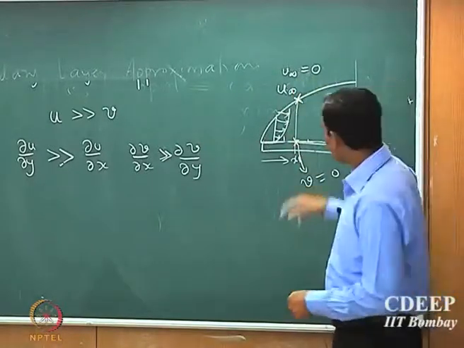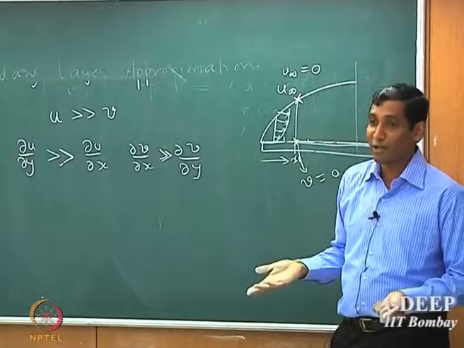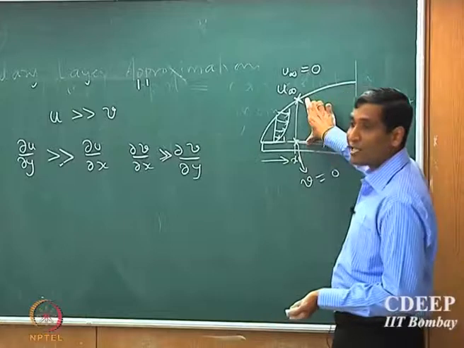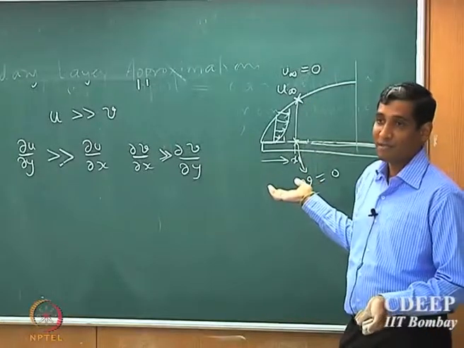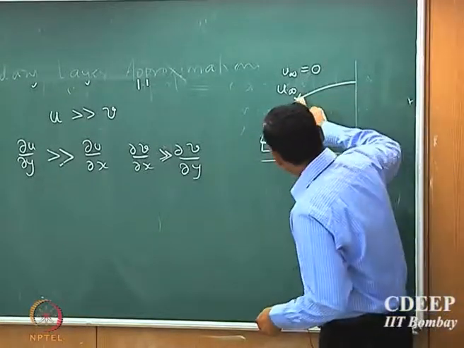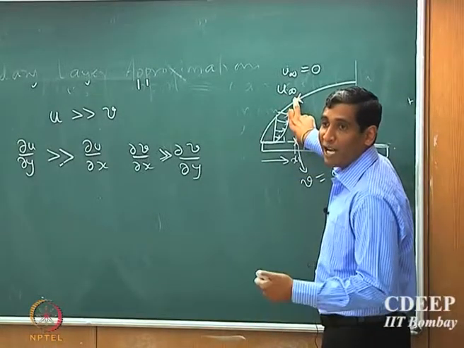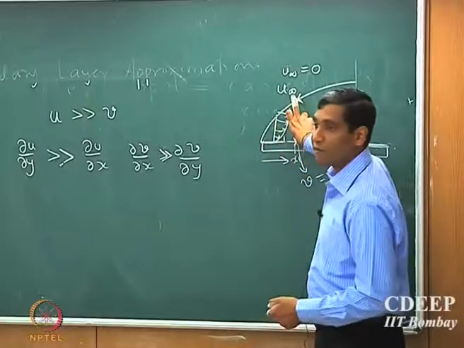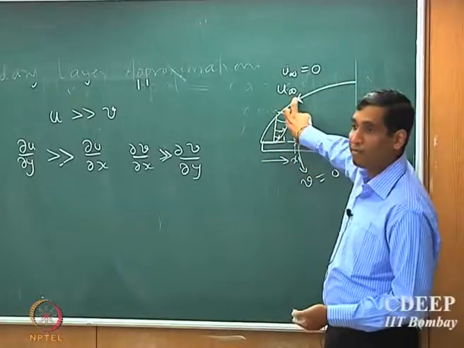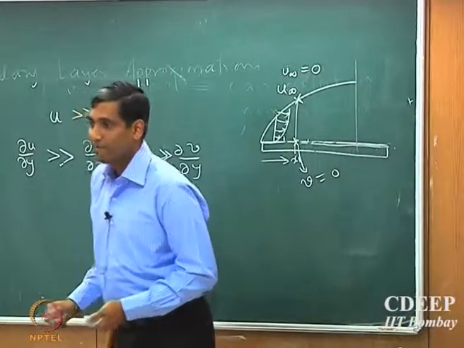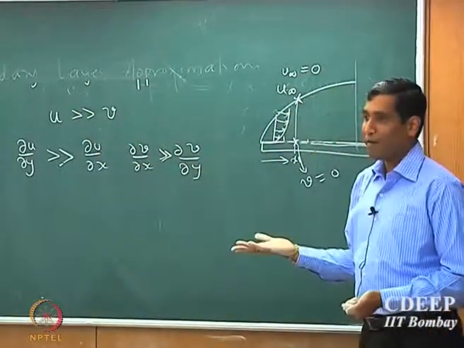Therefore the gradients cannot be significantly larger. If the gradients are significantly larger, then within a small distance it cannot go to 0. So therefore the y component velocity is bounded with value 0 from the surface of the flat plate to the edge of the boundary layer. That is the mathematical way of looking at it.